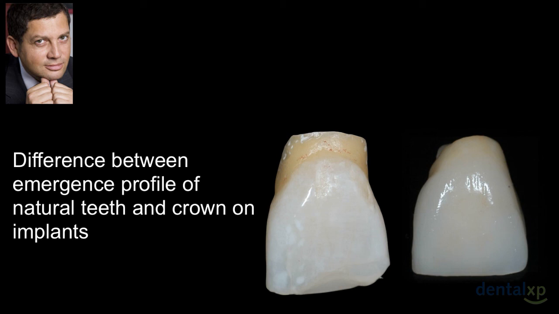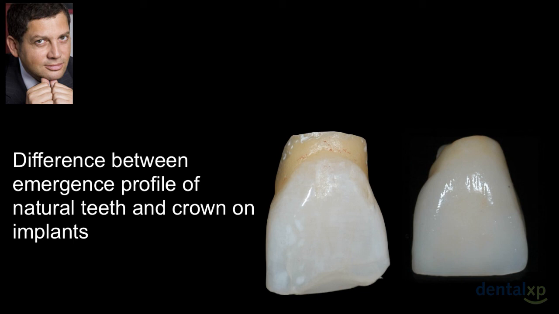That's why, depending on the implant position, we can have different emergence profiles. When the soft tissue buccally is thick, the emergence profile of the crown can be the same as that of a natural tooth. If the implant is placed more buccally, we recommend under contouring, and if the implant is placed more palatal, we recommend a convex emergence profile.